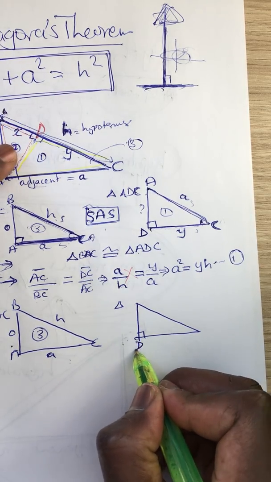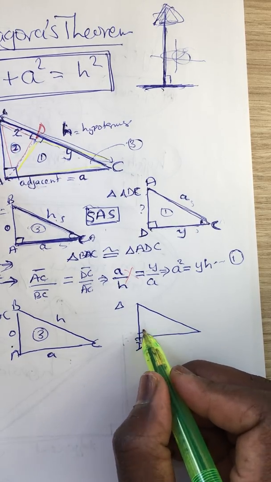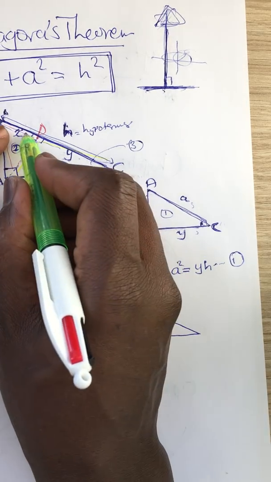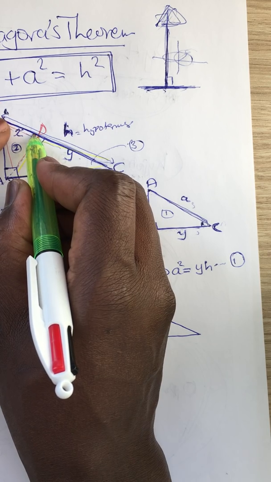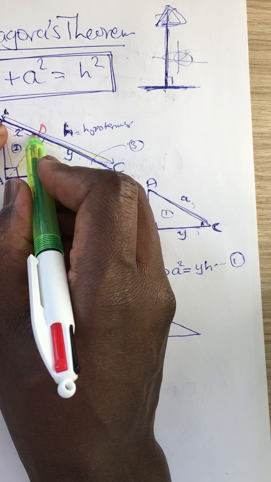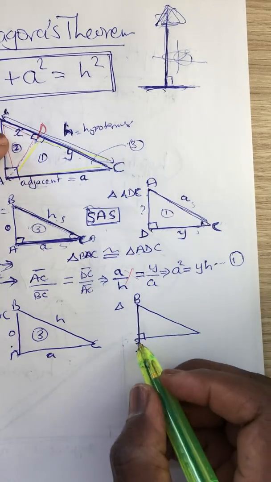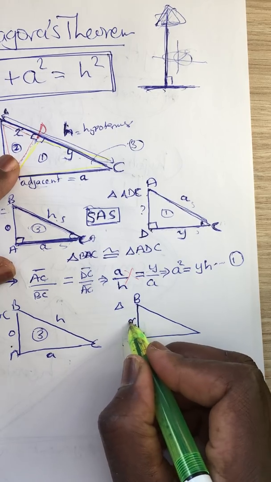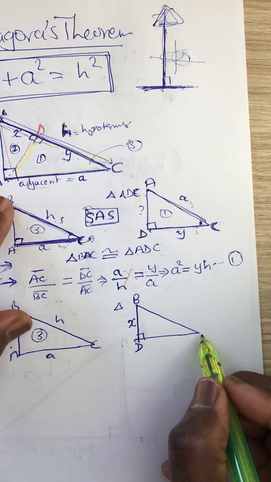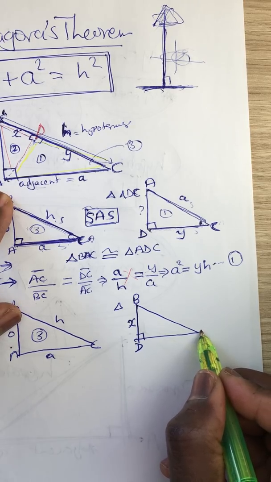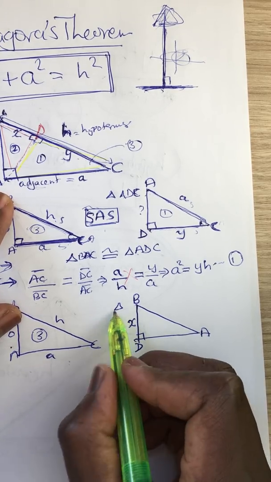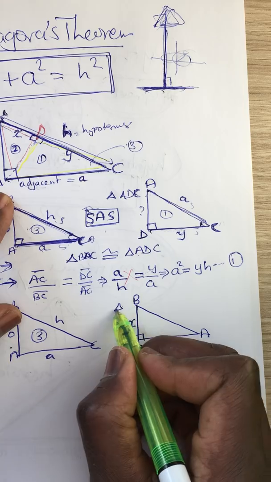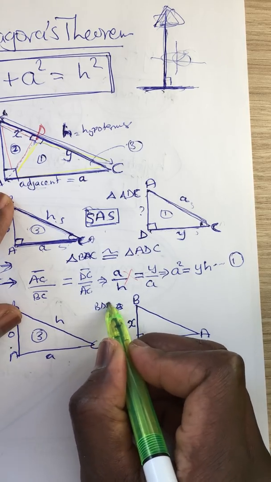D is here, and then our B is going to be at the top there, because this is the shortest side of that smaller triangle, which is our X, and we have obviously the remaining part, which is our A, now here. Now as you can see, we have triangle BDA. Let me write it there, BDA.